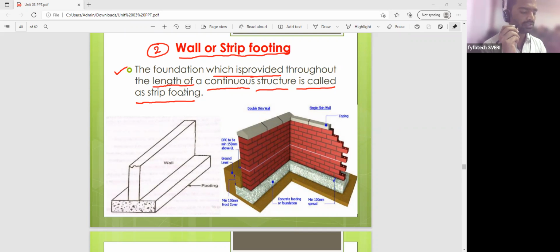If you want a diagram, just draw the first figure only.